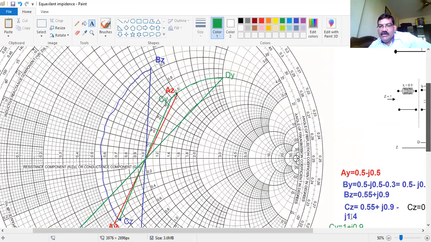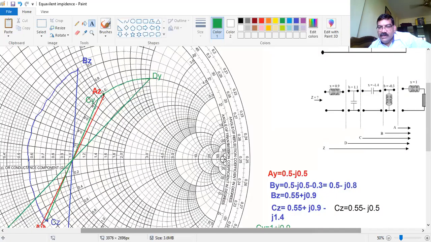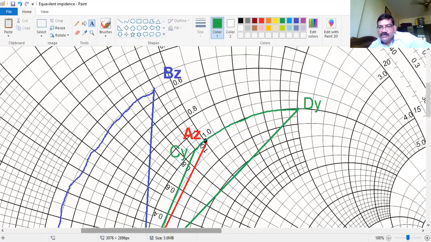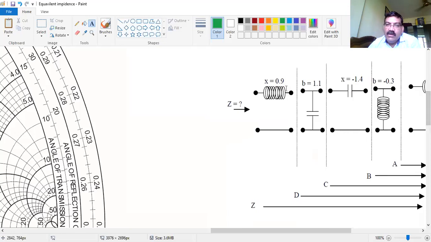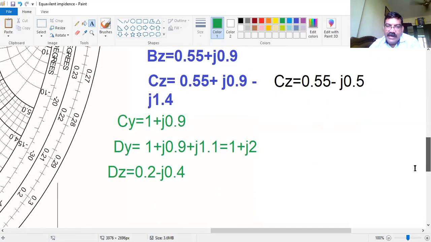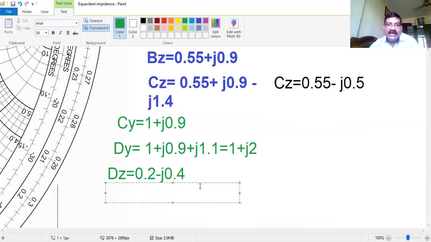Now ultimately you have to come back to the circuit diagram. In the circuit diagram, you have to add 0.9, because it is in series, so we have converted it to Z. If you add 0.9, it will be the final Z, your final answer.